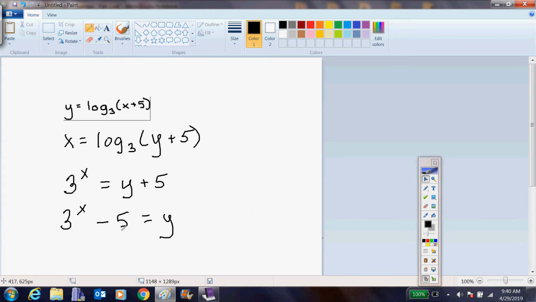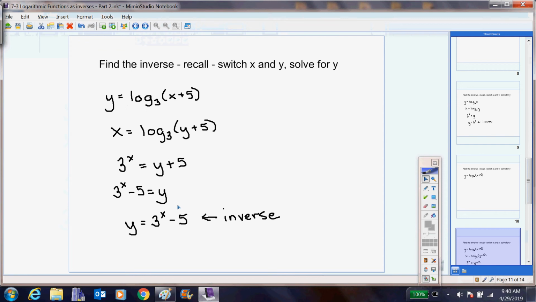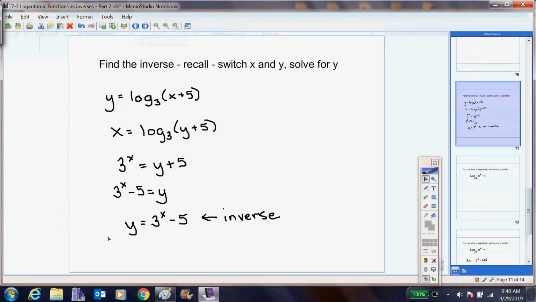So our inverse, exactly. There's our inverse. Remember our inverse notation, we could also write it as f inverse of x.